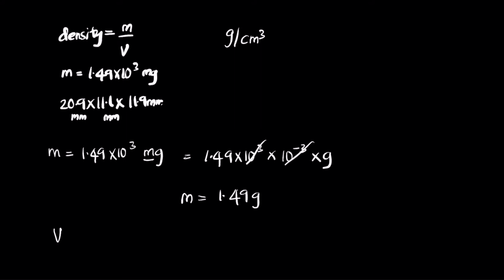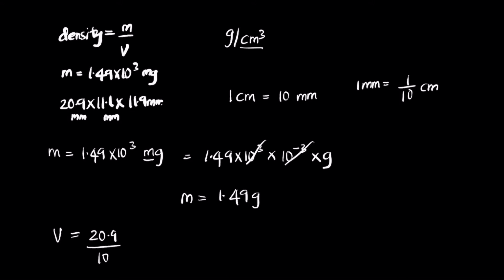Next, volume. Volume is multiplication of all sides, but we know that they want it in centimeter. 1 centimeter is 10 millimeters. So for 1 millimeter, you get 1 by 10 centimeter. So multiply each of the values with 1 by 10. So we have 20.9 by 10 times 11.1 by 10 times 11.9 by 10.